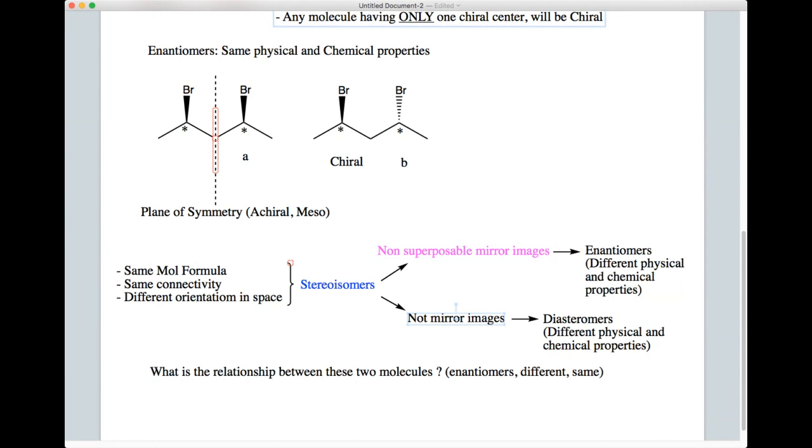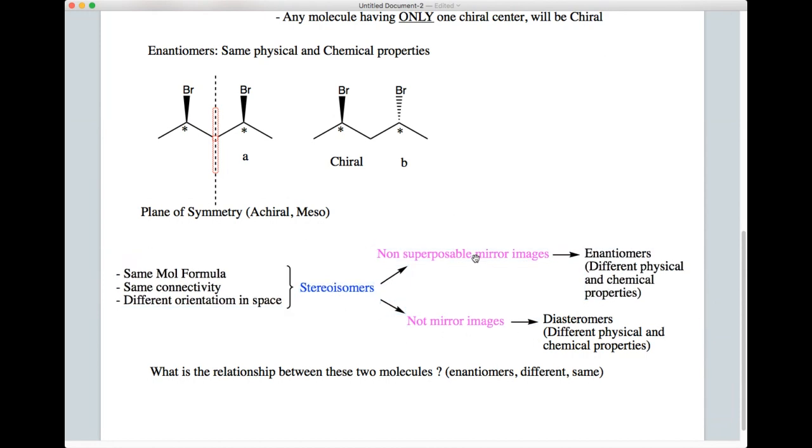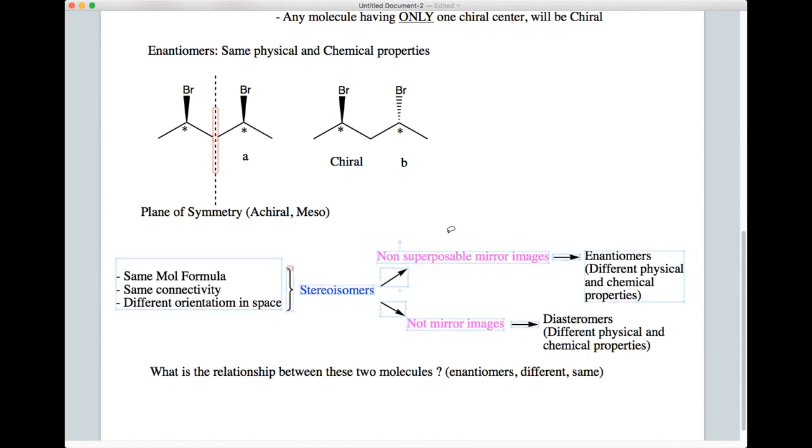When they are simply not a mirror image of one another, we're gonna call them diastereomers. Once again, diastereomers have different physical and chemical properties, whereas enantiomers have the same physical and chemical properties. There is only one property that differs enantiomers, which is called the optical rotation.